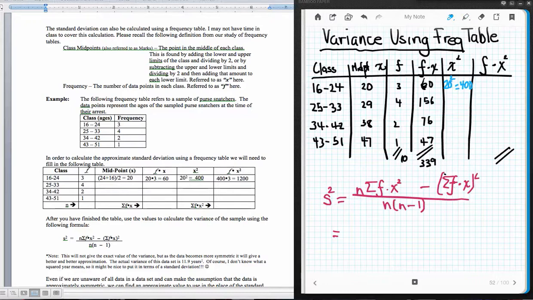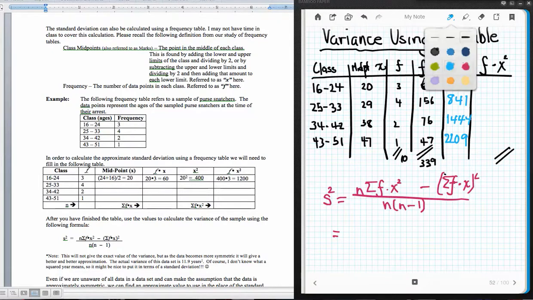So I'm going to pause it, and when you next see this, it's going to come back with all these values magically filled in. All right, there they are, magically filled in. Now the next thing we want to do is multiply these squared x's by our frequencies.